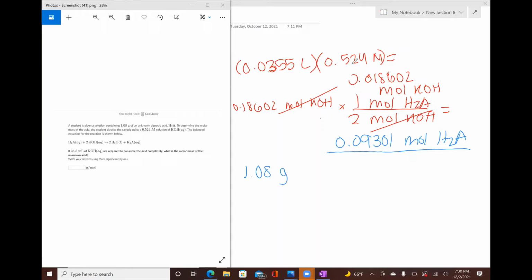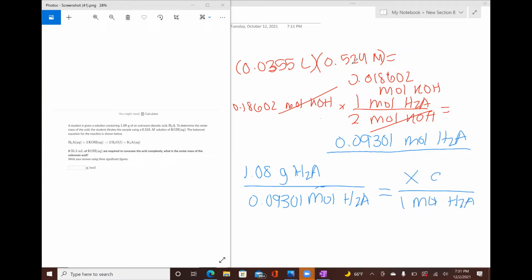If 1.08 grams of H2A is 0.009301 moles of H2A, and I'm trying to figure out how much is in 1 mole of H2A, I'm going to set it equal to X grams, like setting up a proportion algebraically. So if I do that, I get 1.08 equals 0.009301x. Divide both sides by 0.009301.